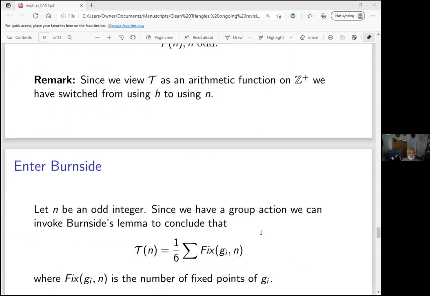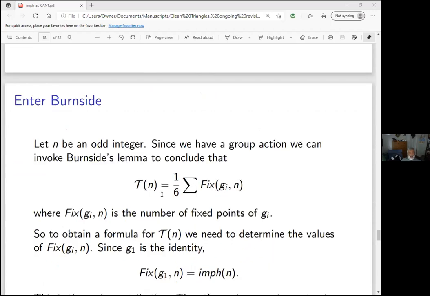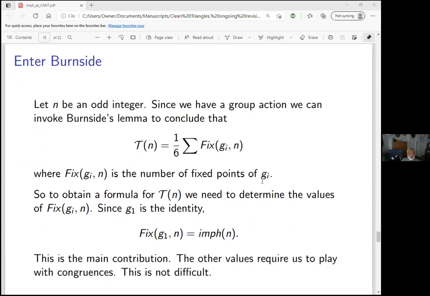We have a group action. And Burnside's lemma just tells us that when n is odd, T of n is simply the sum of the fixed values of the g_i divided by 6, which is the cardinality of S3. So to get our formula, we just have to work out what these numbers are for each odd n.